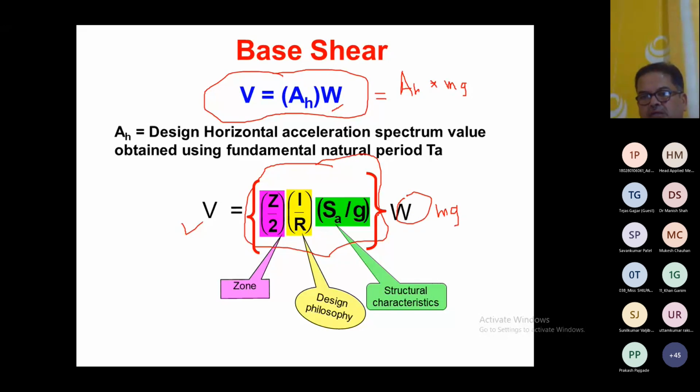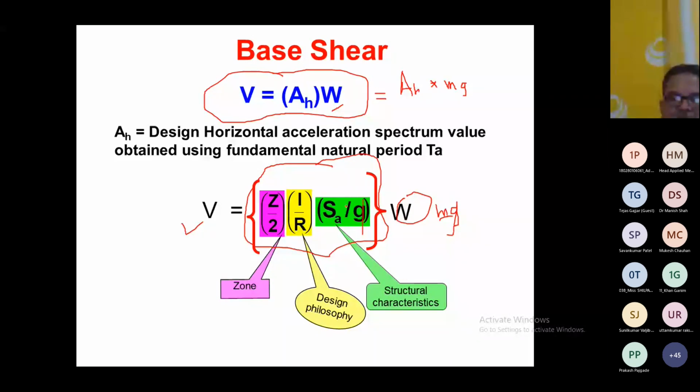This g will cancel out. So it is m, mass into SA, meaning mass into spectral acceleration. So that is the inertia force, and these are some additional things attached to it: Z by 2, I by R, SA by g, right? These are the coefficients. So it depends on different things, right? So it is Z by 2, I by R, SA by g into W, right?